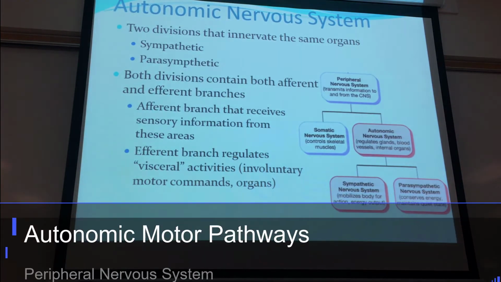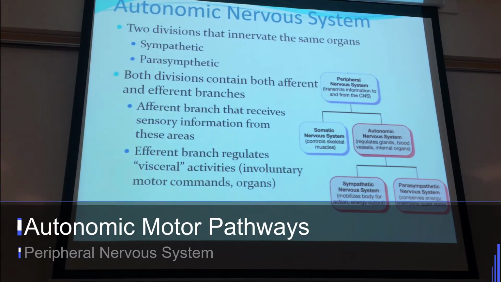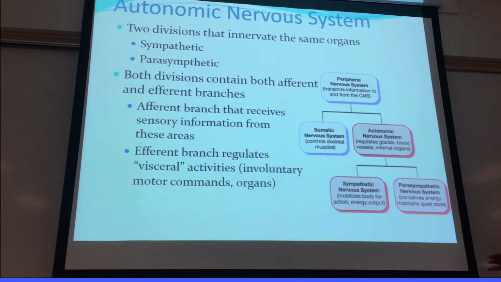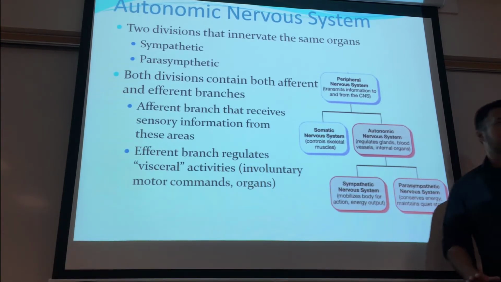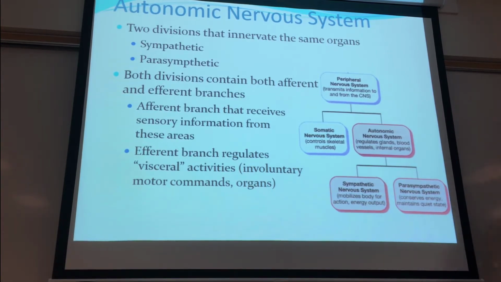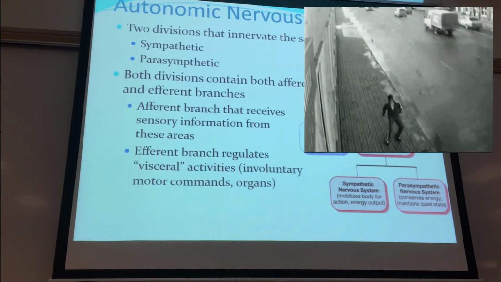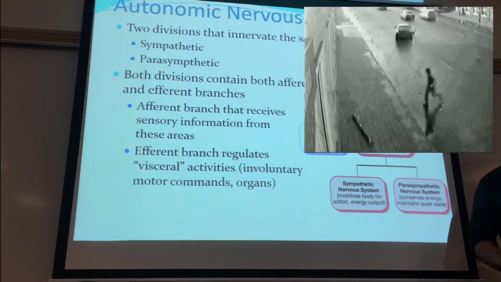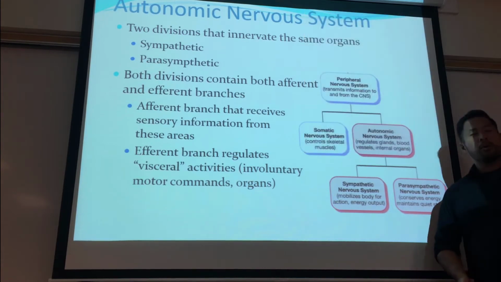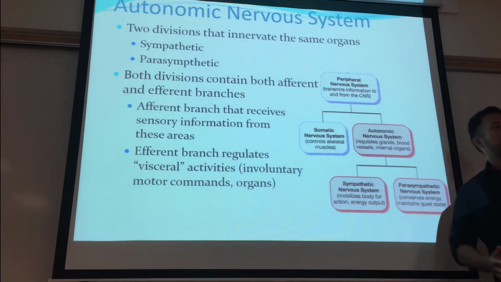Now we're going to take a look at the autonomic pathways. And the autonomic pathways, as I mentioned at the very beginning of this lecture, are everything that is autonomically regulated. Everything that's related to autonomic regulation of the visceral organs, glands, smooth muscle, you name it. Everything besides skeletal muscle. As we mentioned in that car example, there were certain things that the person was not able to control.